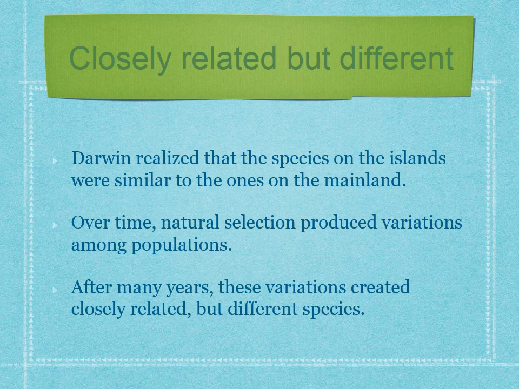After many, many years, these variations create very closely related but different species. This is what he saw with the tortoises. They all have different shells over a long period of time. They become very closely related species, but still different species.